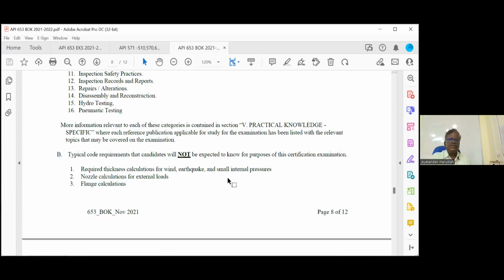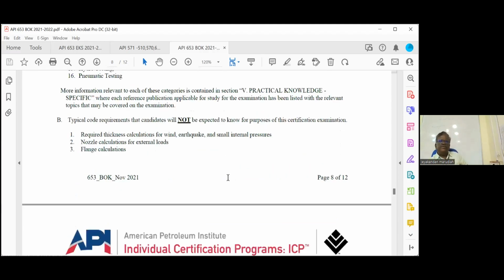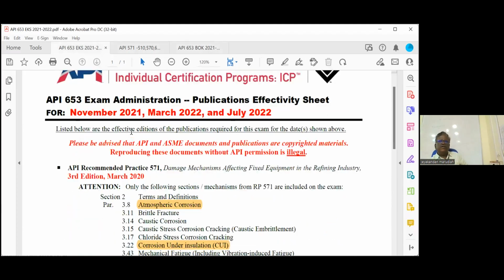And one more question. My exam was last August, and now I have the re-exam on 21 March. Will the questions or exam scope change, or will it be the same? Last August, the effectivity sheet was different. This is the effectivity sheet which came in November 2021.